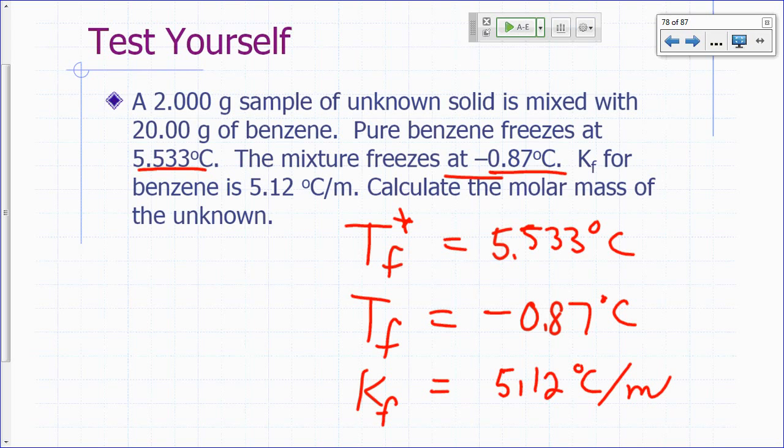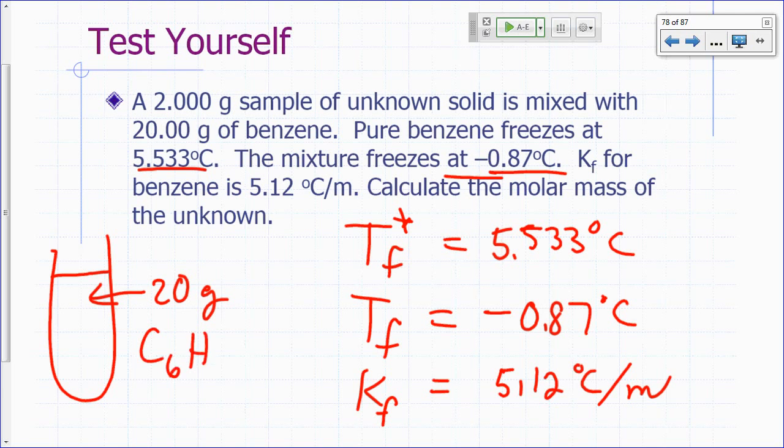Okay? So this is what you did in the lab. You took out 20 grams of benzene. Okay? Benzene is C6H6. And then to that, you added 2 grams of unknown. Okay? And so you measured the freezing point of that mixture.